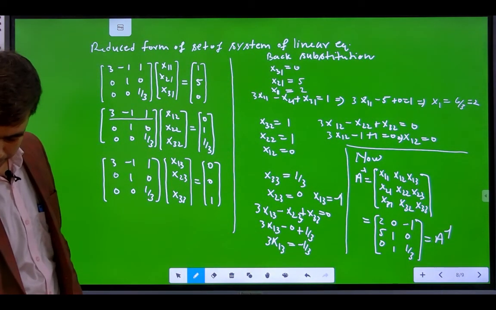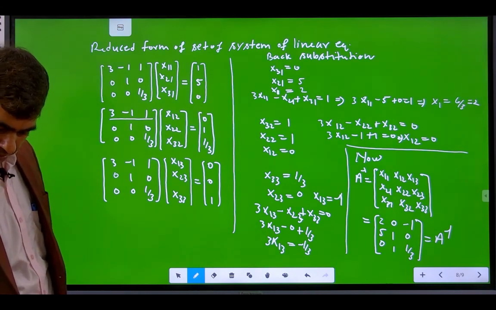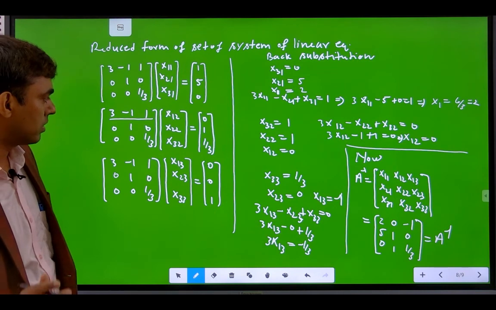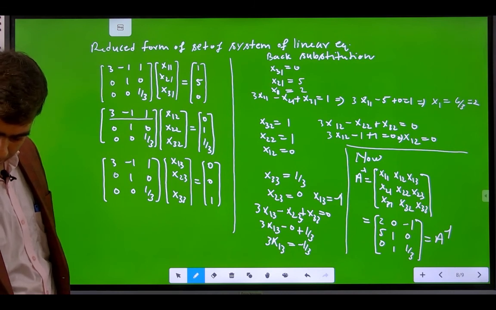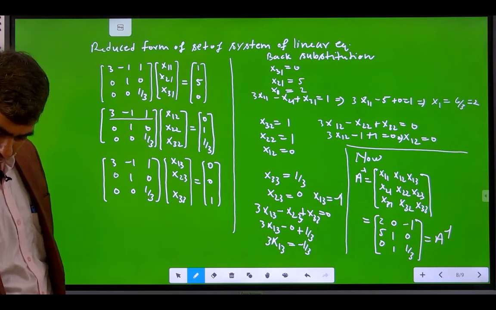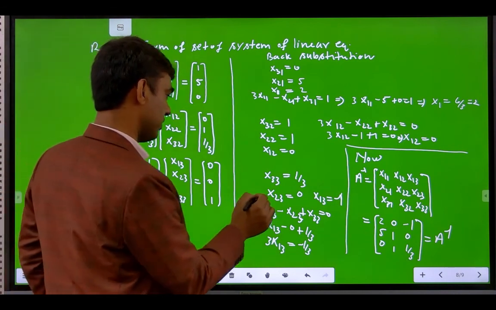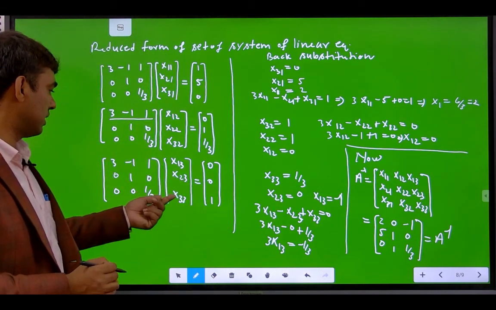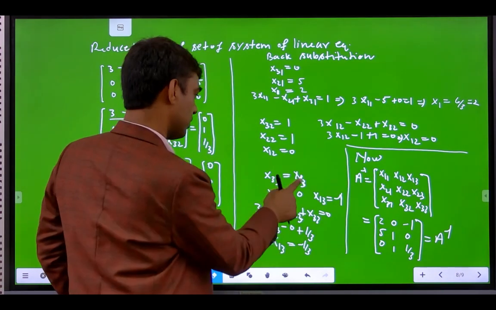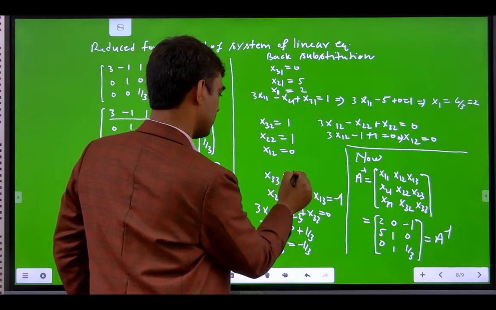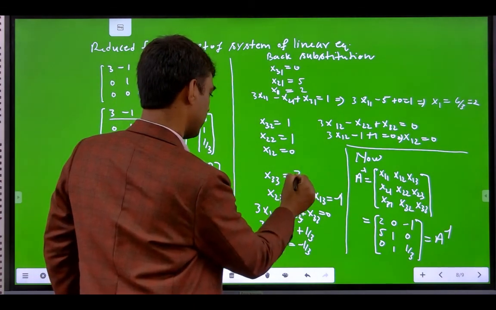Once we verify the result, we can see whether this is correct or not. A inverse is 2, 5, and x33 is 1 by 3. But here x33 should be 3. Sorry, there is something wrong. x33 is not 1 by 3, this one is 3.